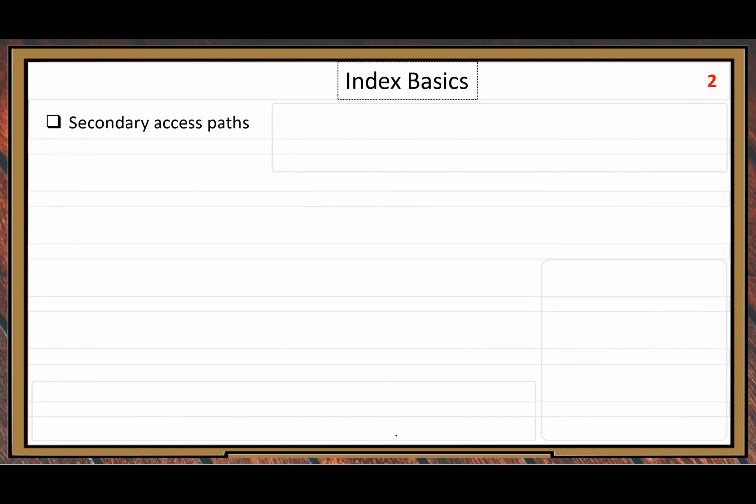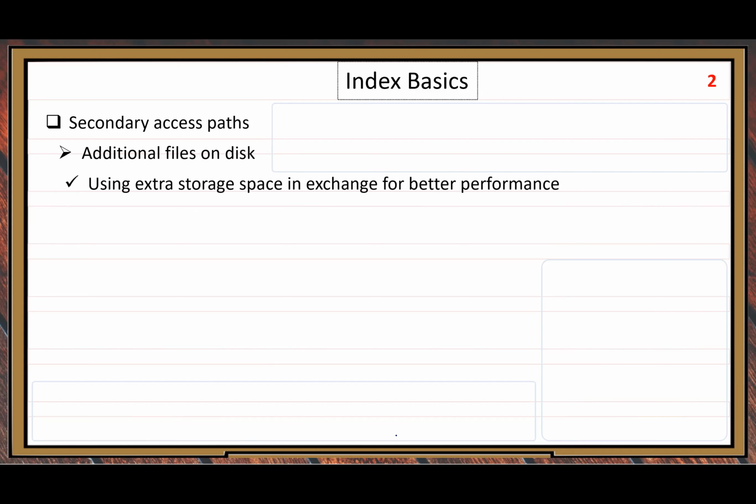Secondary access paths, supporting secondary, not primary. We need additional files on disk, using extra storage space in exchange for better performance. So you need to use more space.